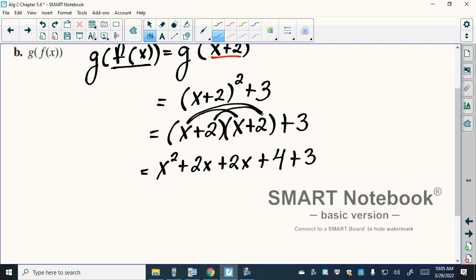I would take a guess that some of y'all are starting to feel very comfortable with doing x plus 2 times x plus 2, and being able to see that this here is x squared plus 4x plus 4, yes?